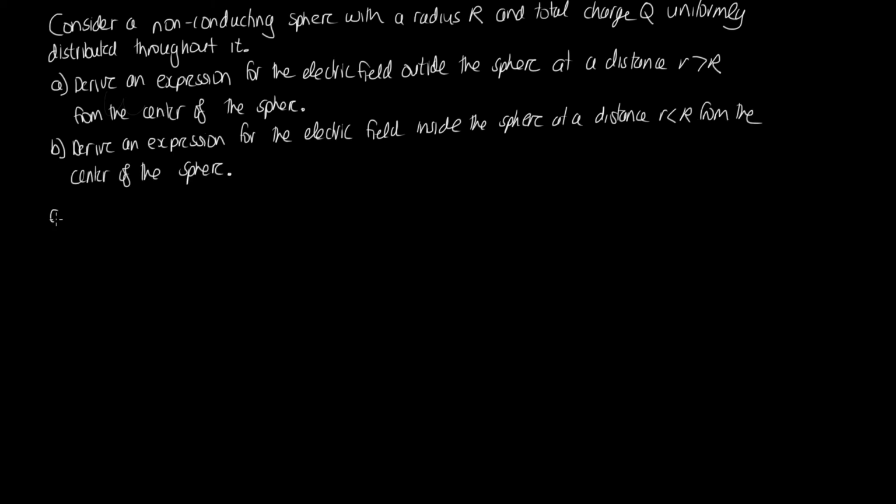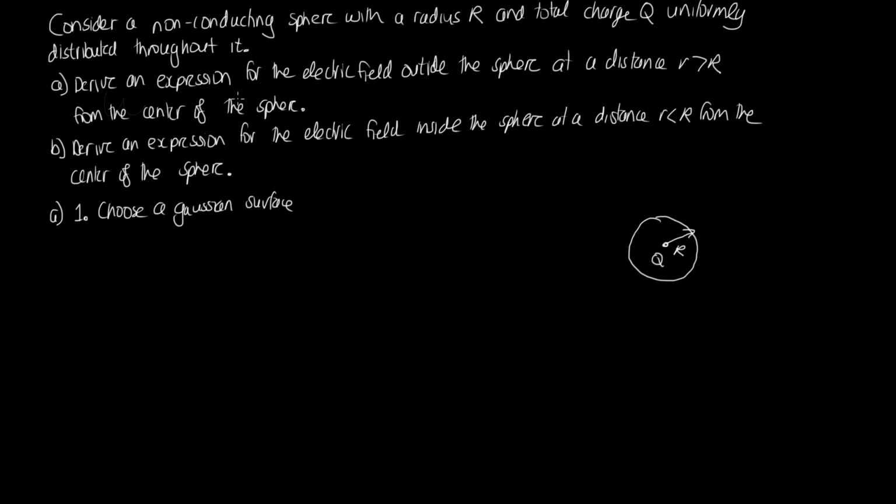Okay, so to do part A, the first thing we have to do is choose a Gaussian surface. So we've got this sphere of charge here. It's got a radius capital R and it's got a total charge Q in there.